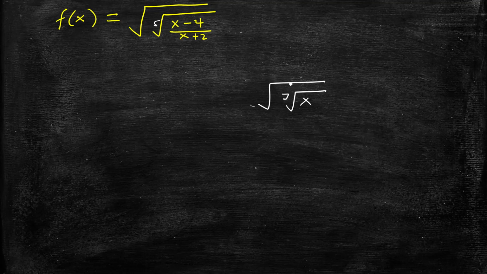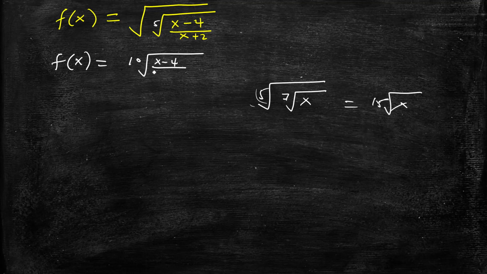So this is square root, so square 2 times this 3, making 6. So we see the 6th root of x. Here this side is 5, 5 times 3, 15, the 15th root of x. So this side is 2 times 5. So my f of x here will be the 10th root of x minus 4 on x plus 2.